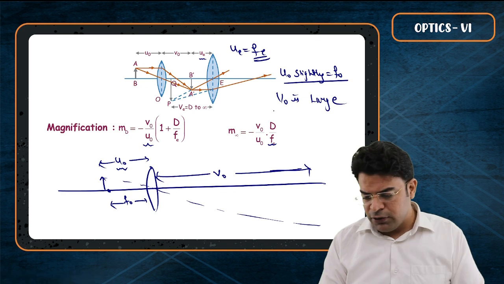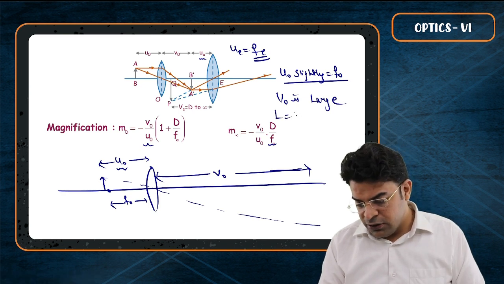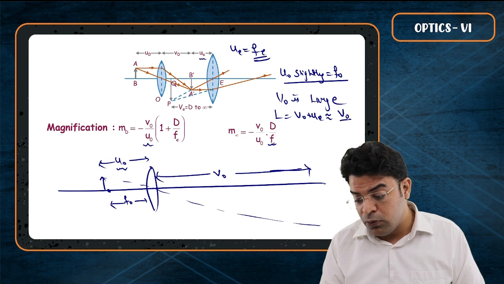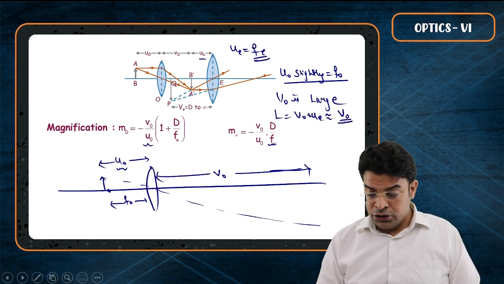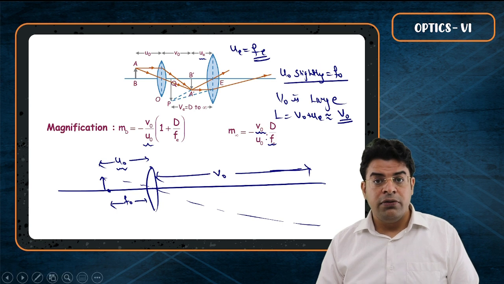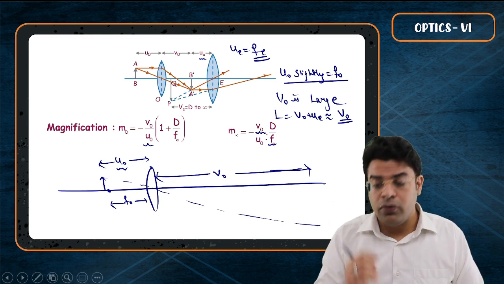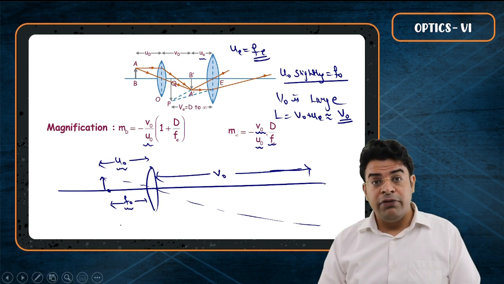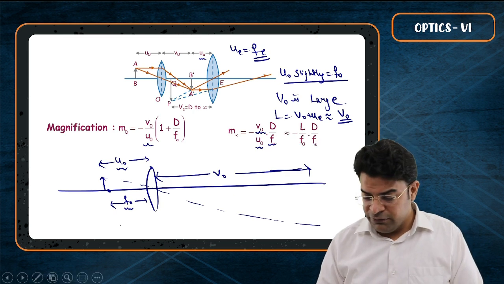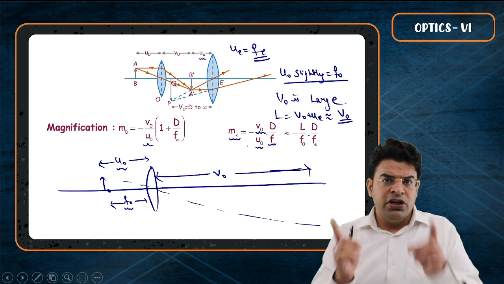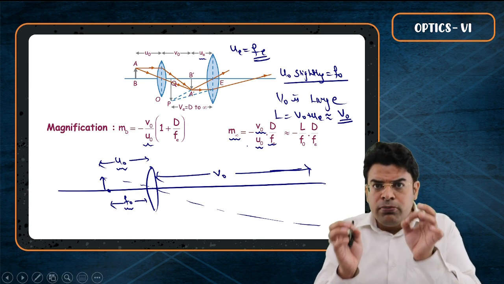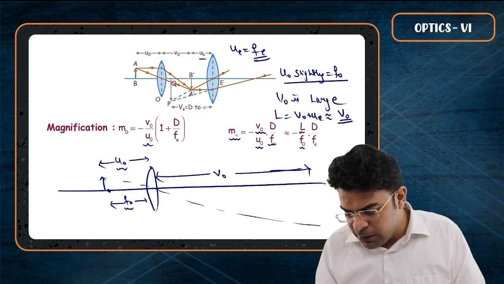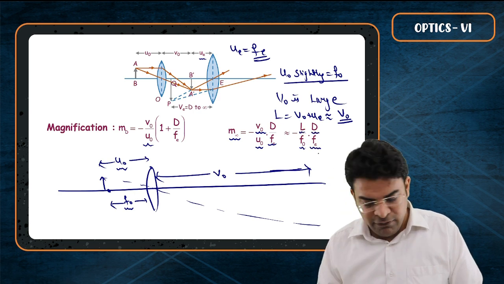And the length of the microscope, which is V naught plus UE, can then be approximated to V naught. So here in place of V naught, we are substituting the length of the microscope. In place of U naught, we are substituting F naught. And we get an approximate formula which says that the magnification done by a compound microscope can be approximated to minus L by F naught into D by Fe.